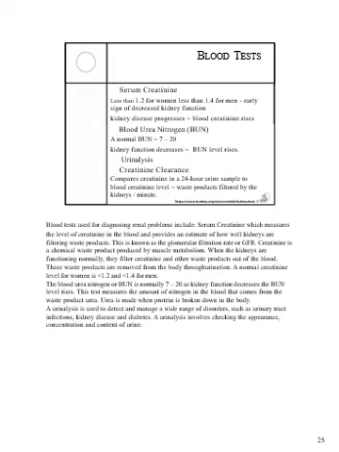This is known as the glomerular filtration rate, or GFR. Creatinine is a chemical waste product produced by muscle metabolism. When the kidneys are functioning normally, they filter creatinine and other waste products out of the blood. These waste products are removed from the body through urination.